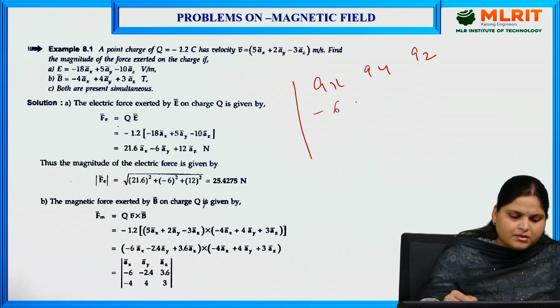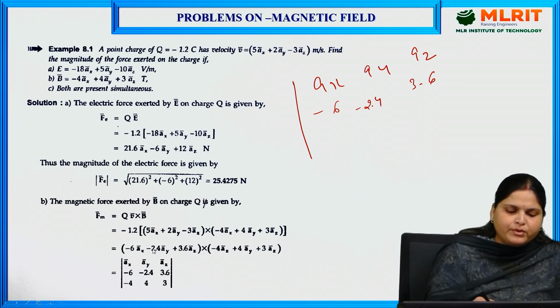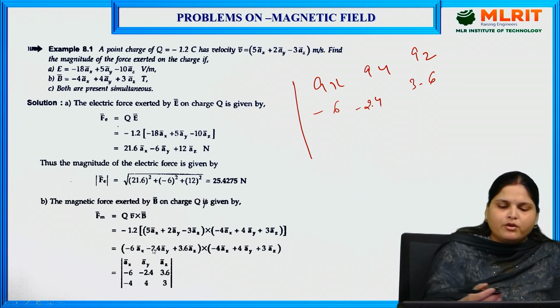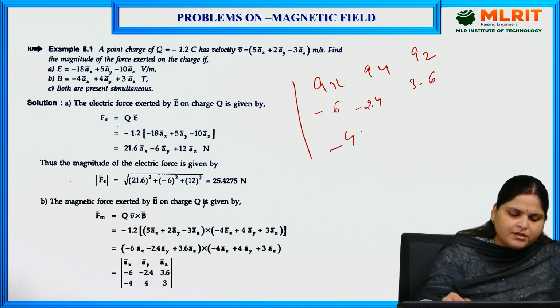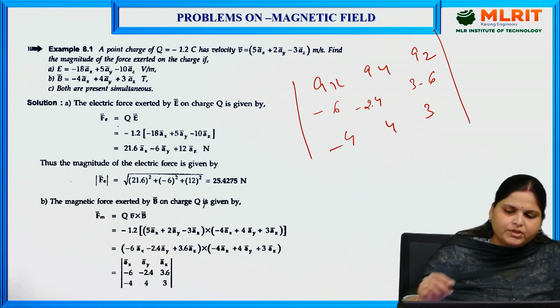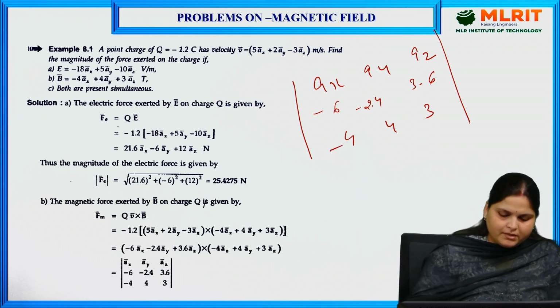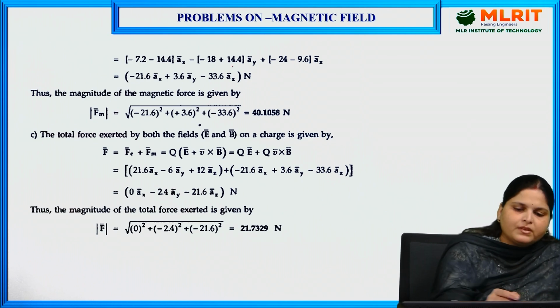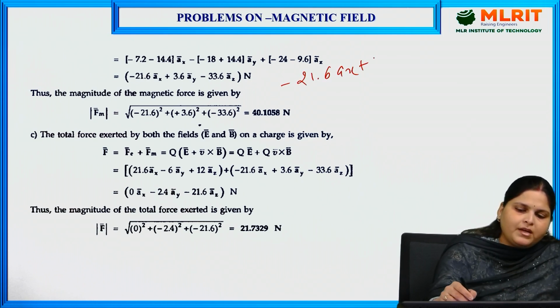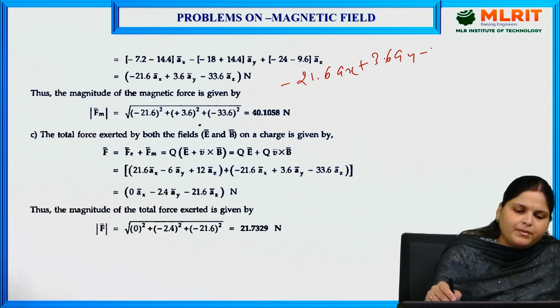Minus 6, 2.4 and 3.6, because we have multiplied minus 1.2 inside, or we can do that later also, and this is minus 4, 4 and 3. So when we solve it, this equation will become minus 21.6 aX plus 3.6 aY minus 33.6 aZ.